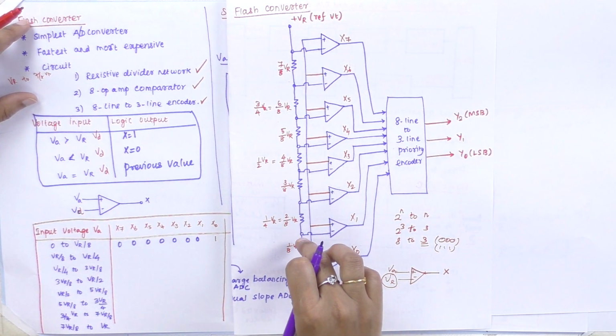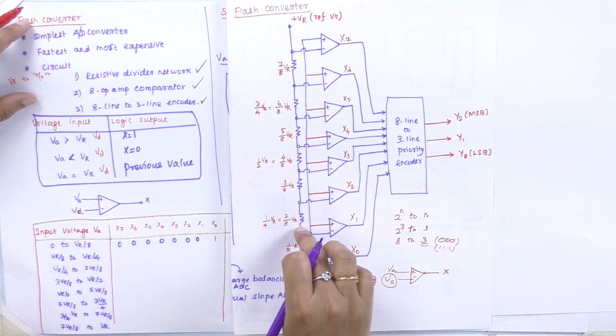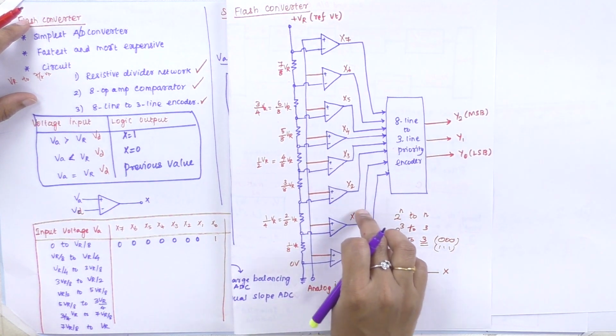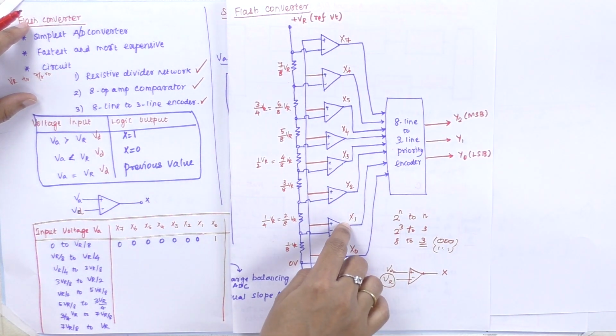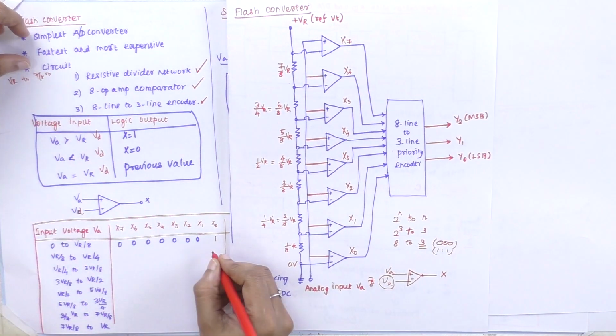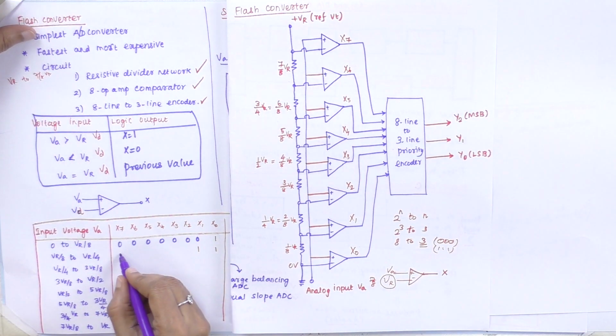Then when it is between 1 by 8 VR and 2 by 8 VR, which is nothing but connected to x1, it passes to x naught and x1. So I can make this x naught and x1 to be made 1.